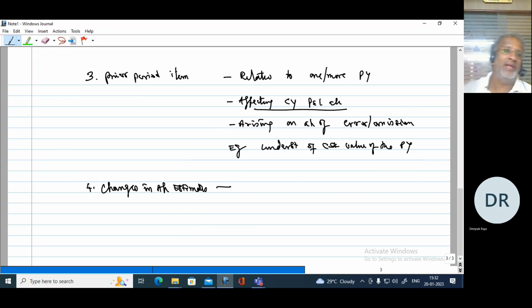I estimate my provision for such warranties based on the past as 1 lakh rupees. Ultimately, it turned out to be 70,000, or ultimately it turned out to be 1 lakh and 25,000, whatever it may be. Actual expenditure will be different from the estimate. Nobody in this world can exactly estimate. It is an oxymoron.